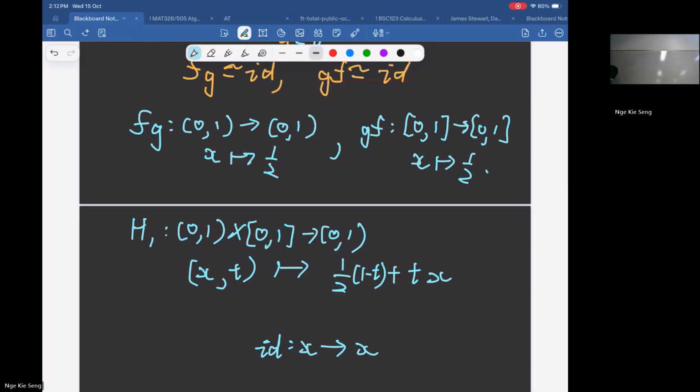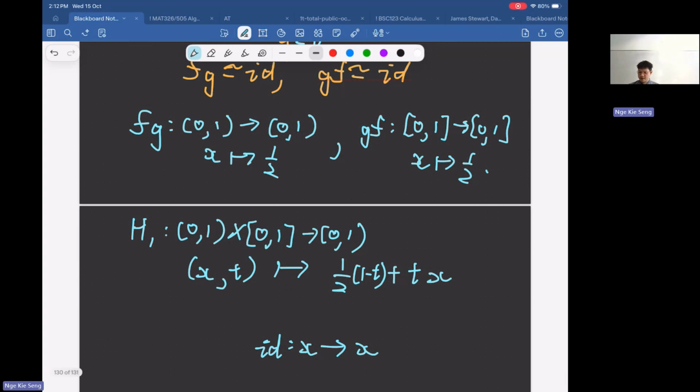The same homotopy you can use for GF, just change the domain.